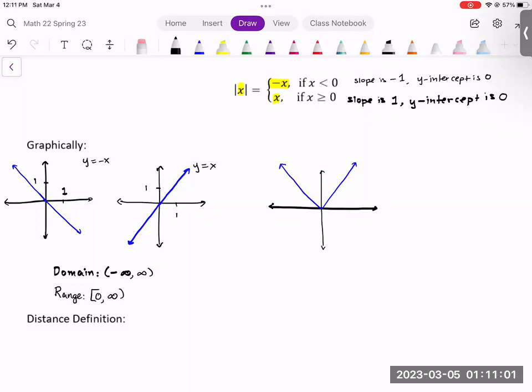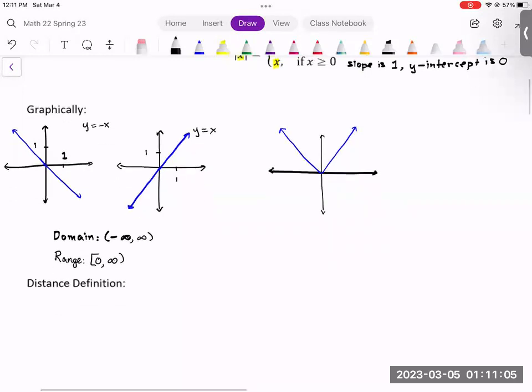Another way of thinking about this absolute value function is geometrically as a distance. We can say that the absolute value of x is the distance from x to 0.